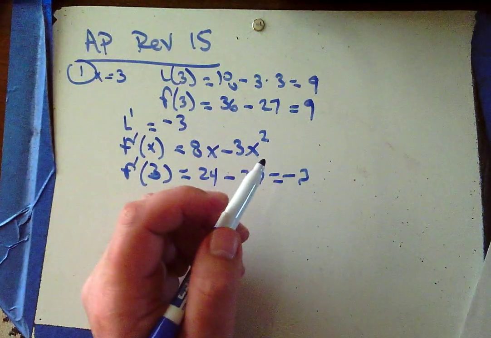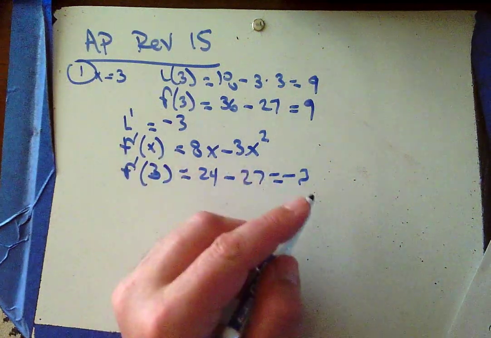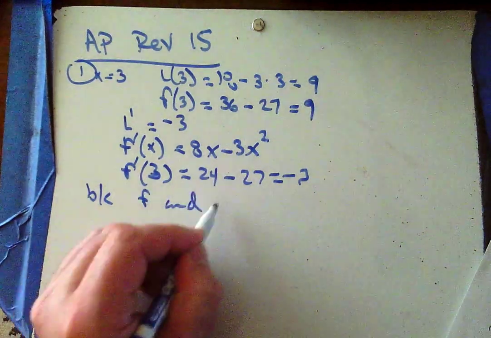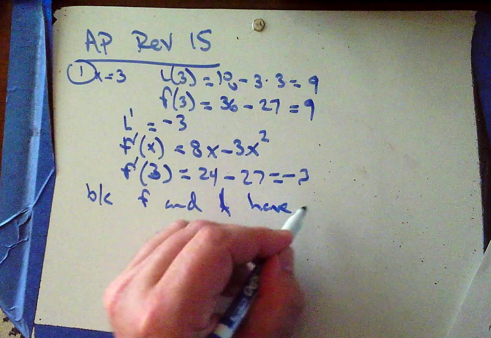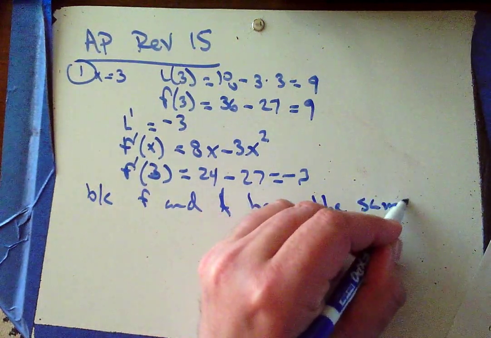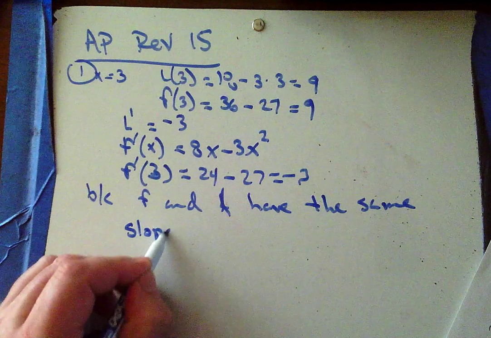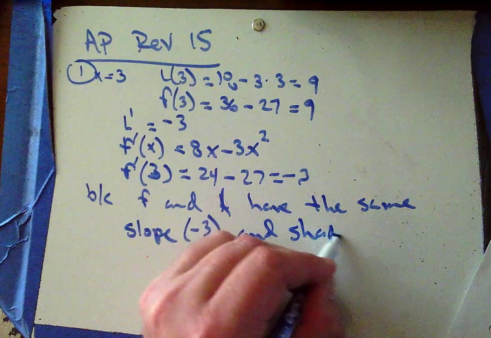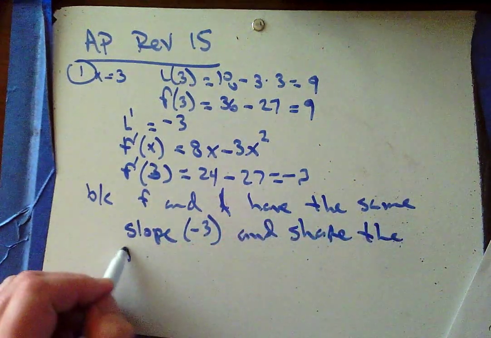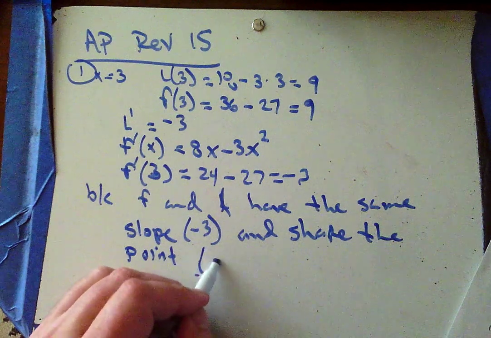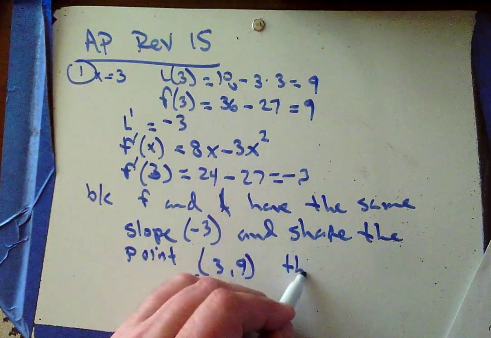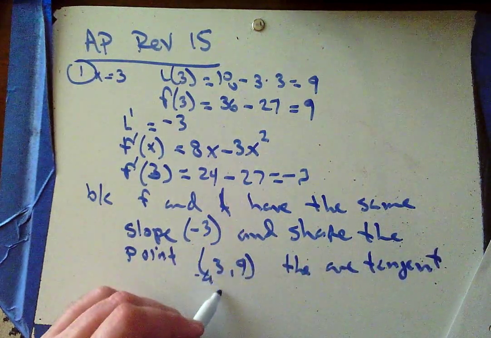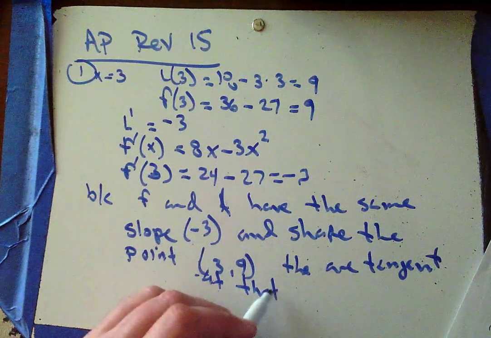Okay, so because f and L have the same slope, negative 3, and share the point (3, 9), they are tangent at that point.